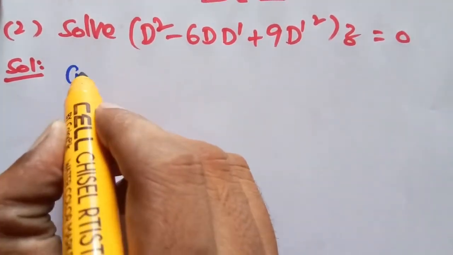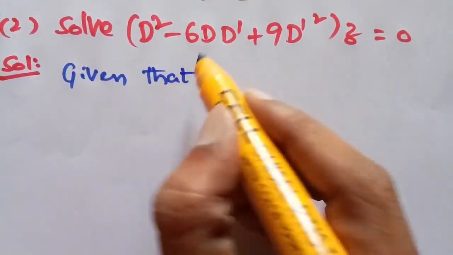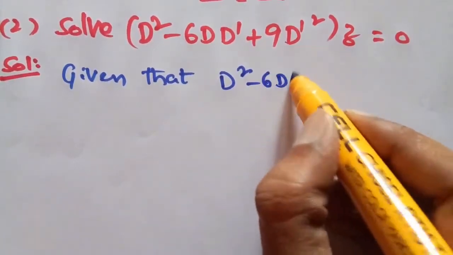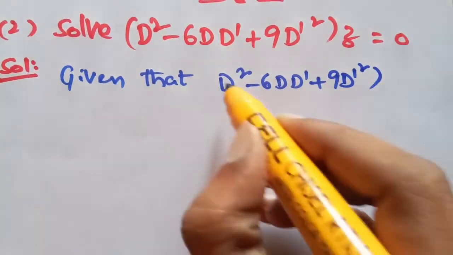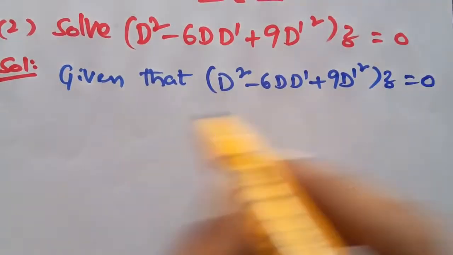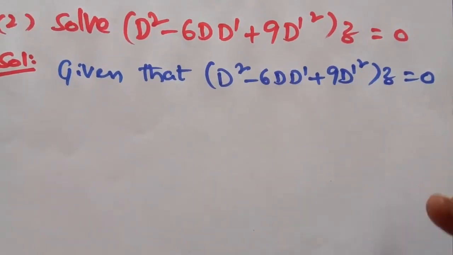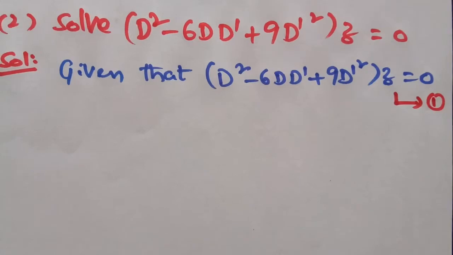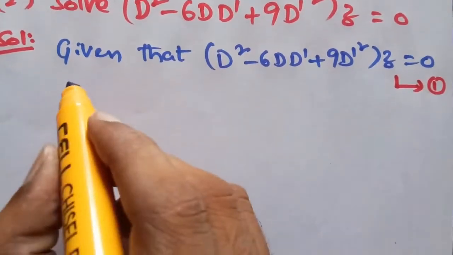Write down the given equation. Given that D square minus 6D D dash plus 9 D dash square into z is equal to 0. Say this is equation number 1.